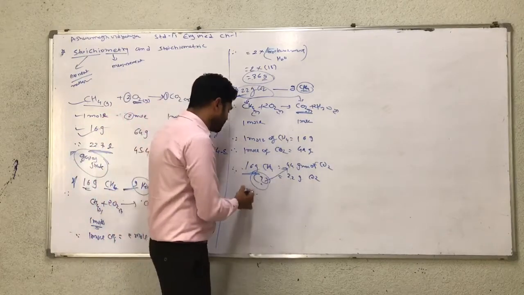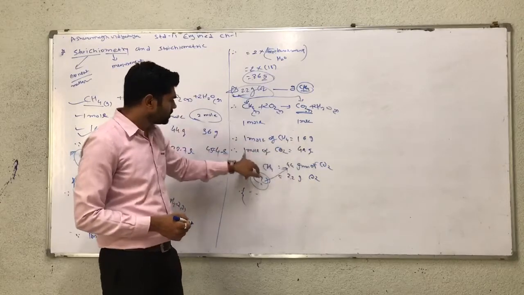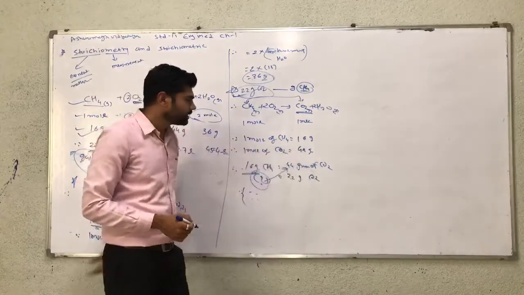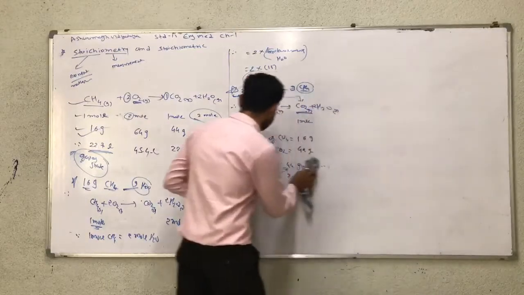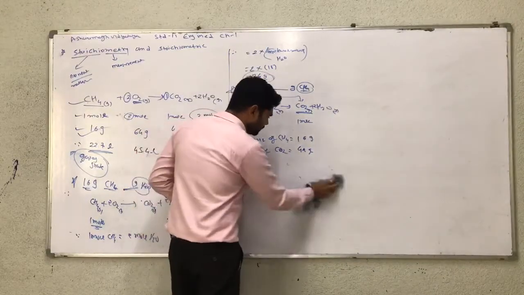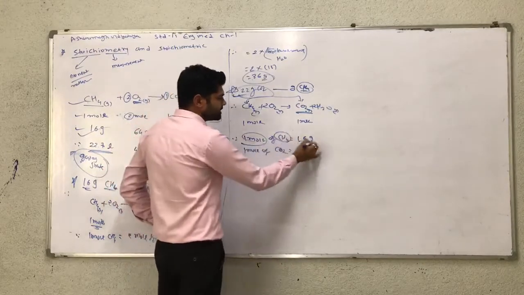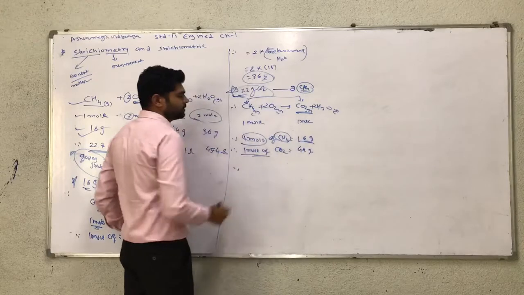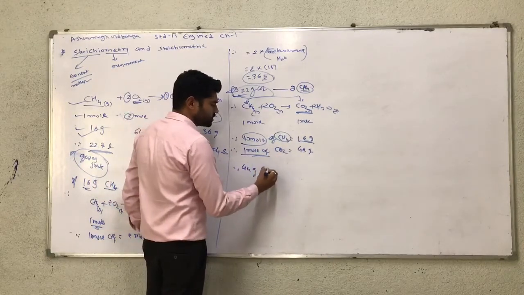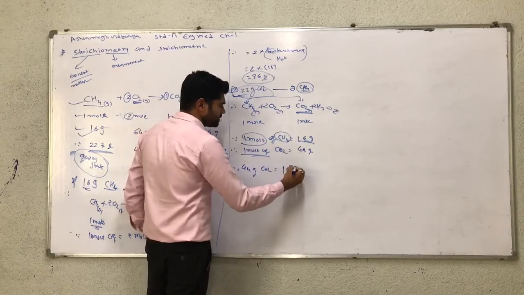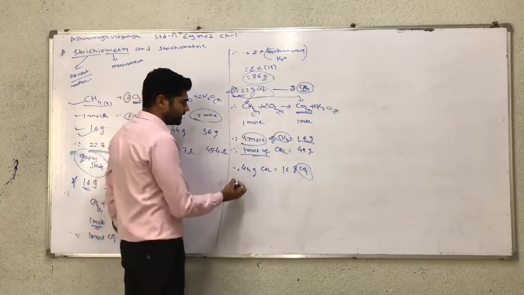In a similar way, we can also say that 1 mole of CH4 burns, it means 16 grams, and 1 mole of CO2 means 44 grams. So 1 mole of CH4 means 16 grams, and 44 grams of CO2 is produced when 16 grams of CH4 is required.